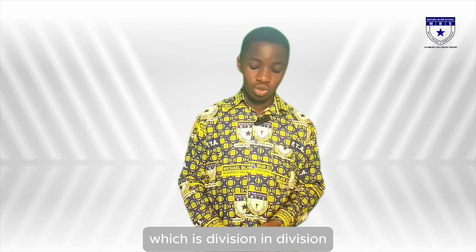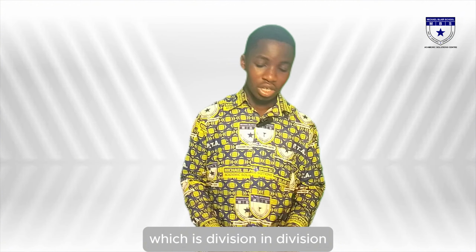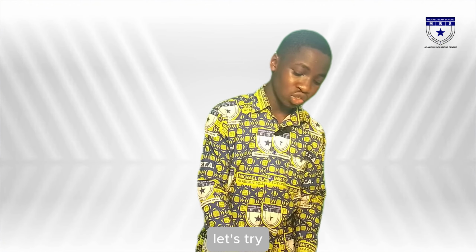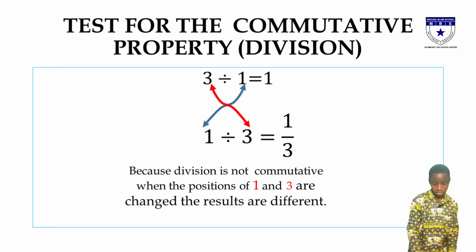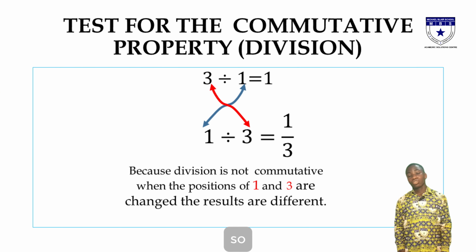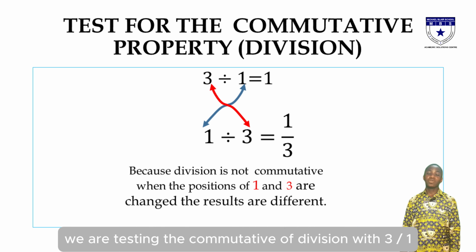We are left with our last operational sign, which is division. In division, let's try 3 divided by 1. So we are testing the commutativity of division with 3 divided by 1.